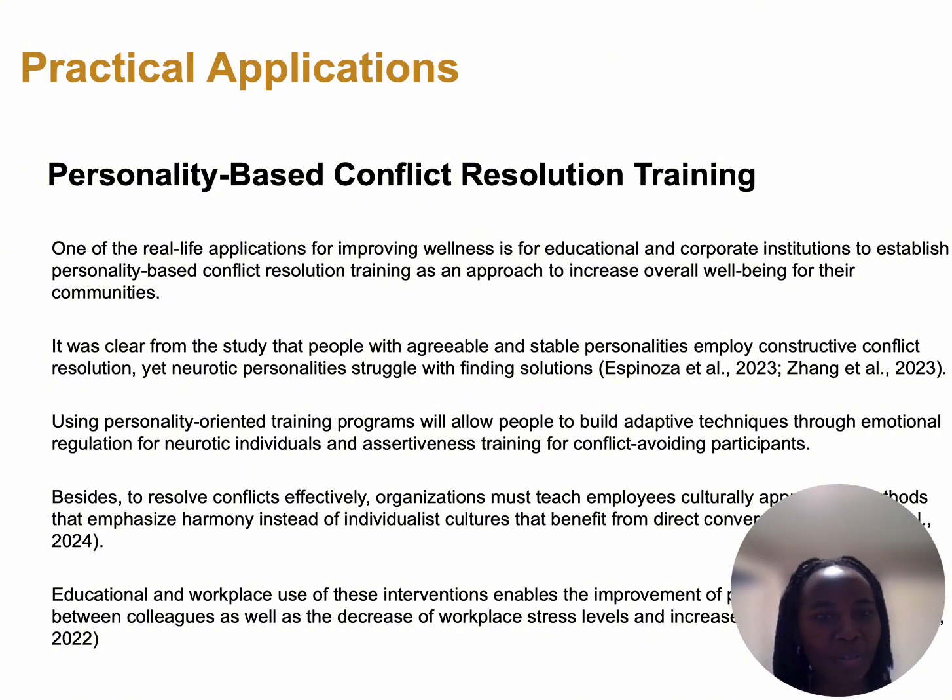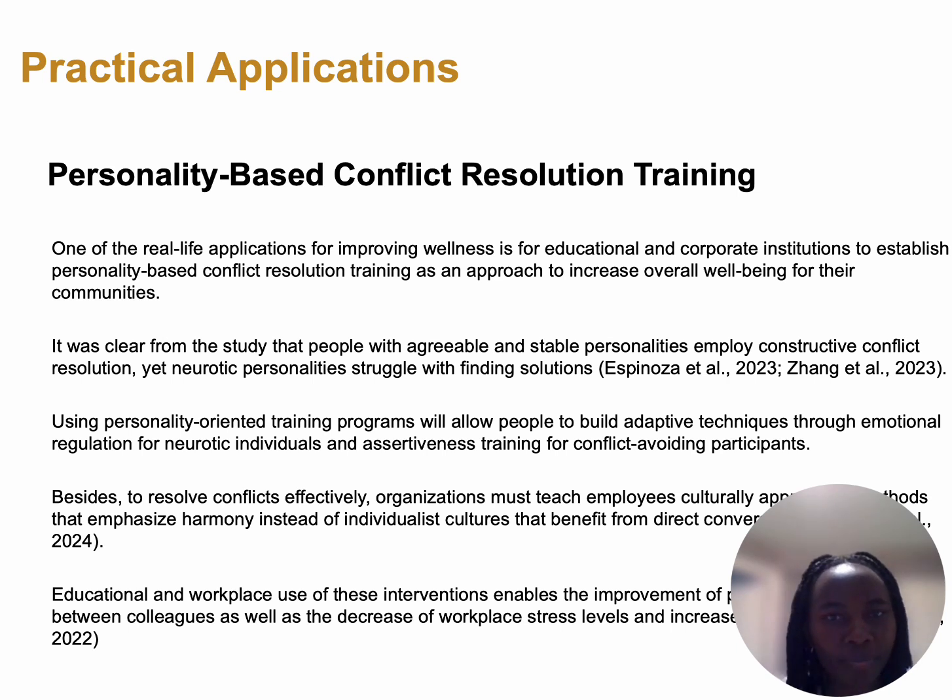From the studies we had, it was clear that people with agreeable and stable personalities employ constructive conflict resolution, while those with neurotic personalities struggle with finding solutions. The study of Espinosa et al. 2023 and Zhang et al. 2023.